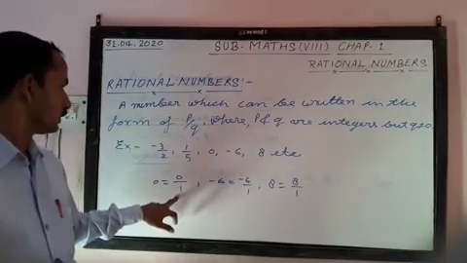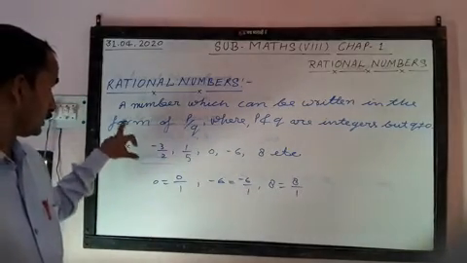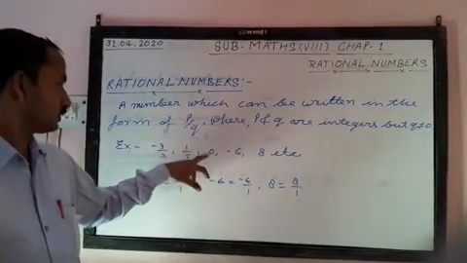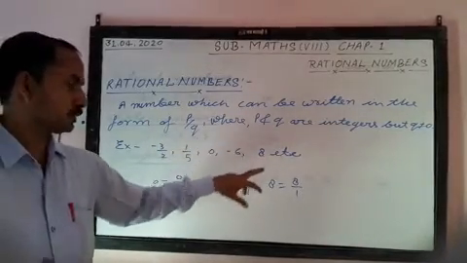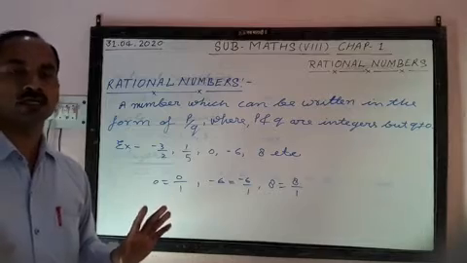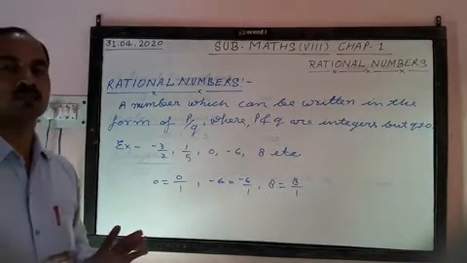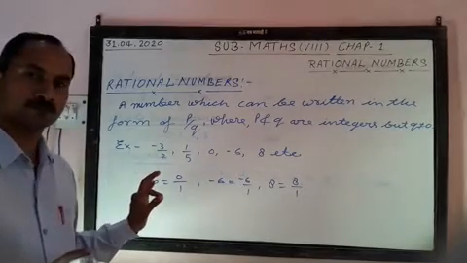So -3 upon 2, 1 upon 5, 0, -6 and 8, as we have read in pre-classes, are all rational numbers.